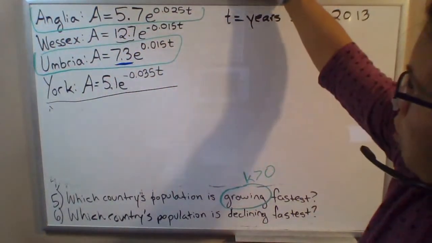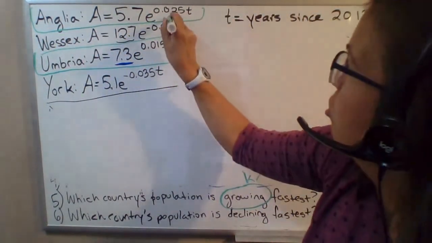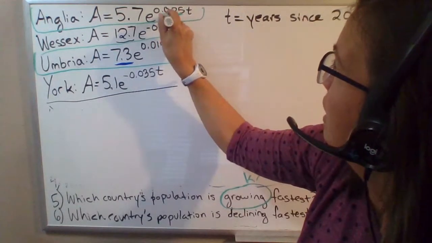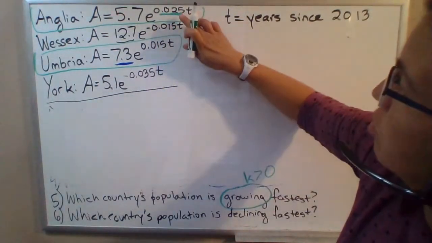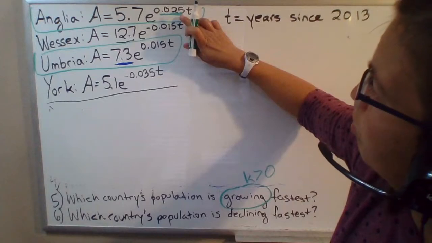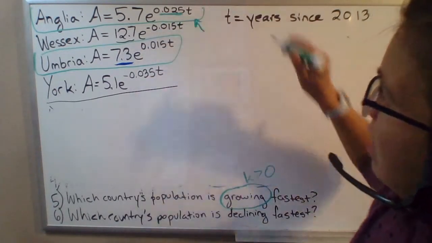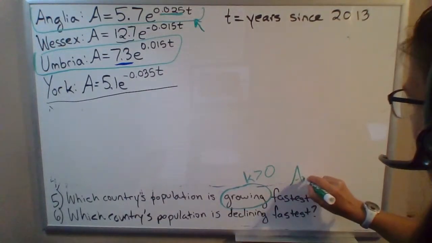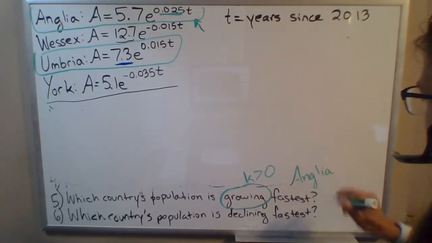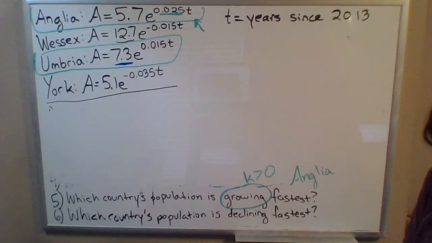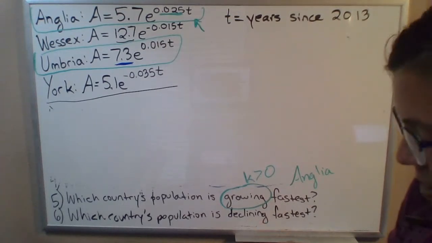Of those two, which one is growing faster? You just look for the higher value of k, which is going to be Anglia. So we're comparing the 0.025 to the 0.015. So Anglia has the highest growth rate. Which population is declining the fastest?